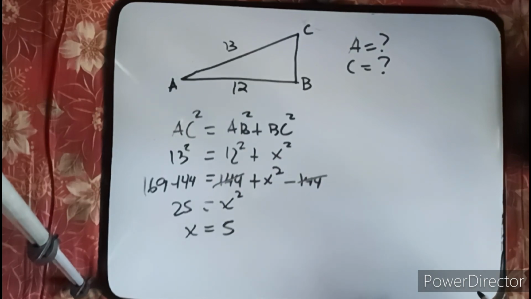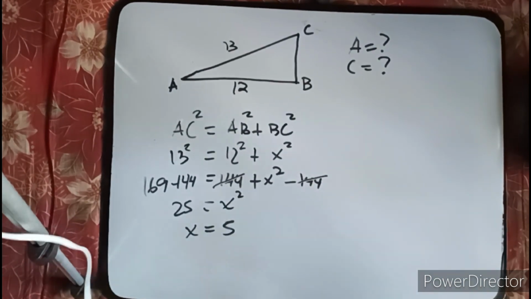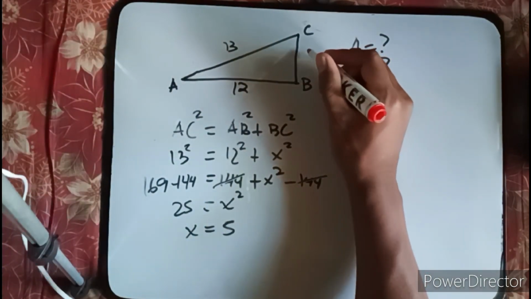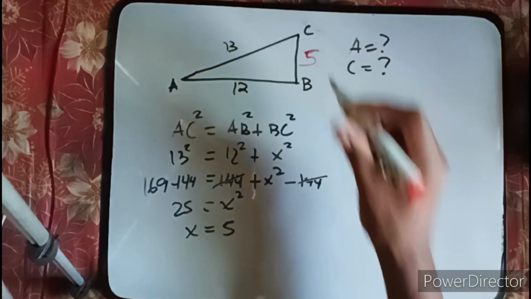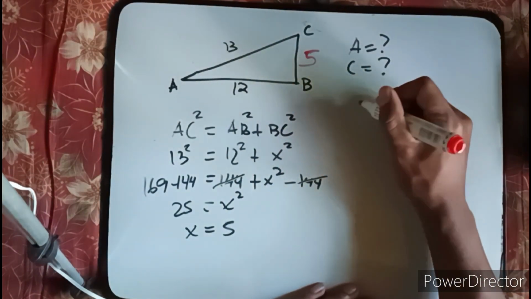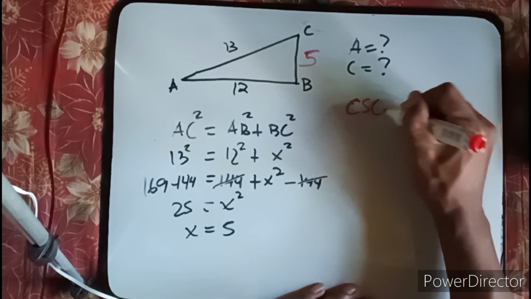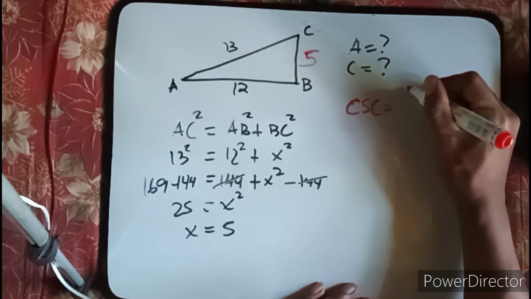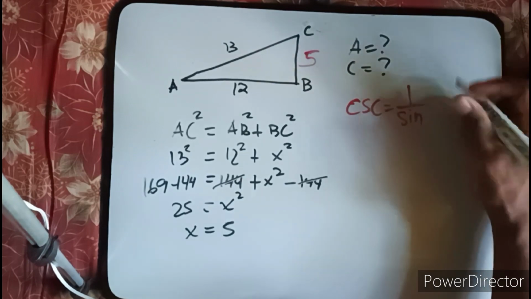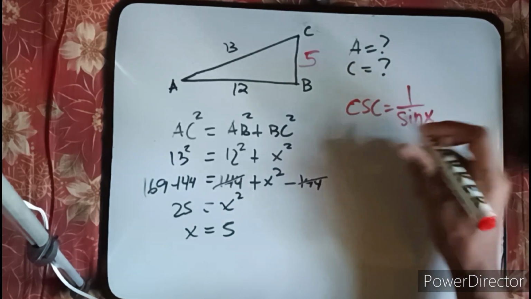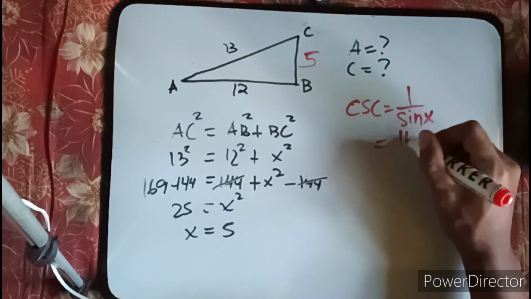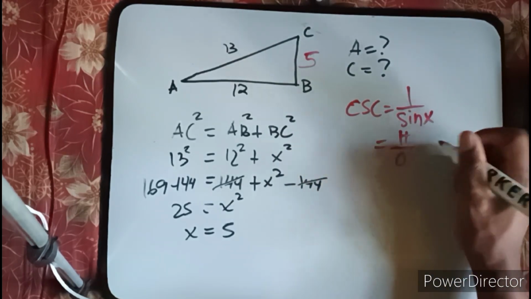So now that we found the value of CB, which is 5, we can now find the cosecant value. Cosecant is the reciprocal of sine x, so cosecant is equal to hypotenuse over opposite.